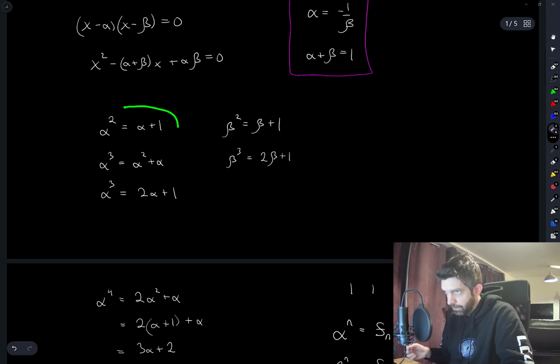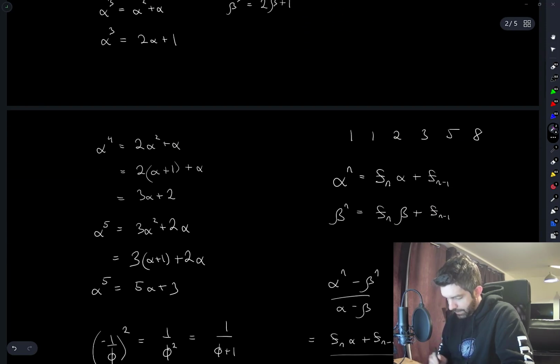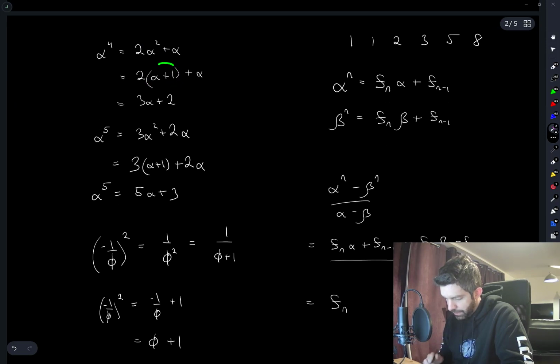That comes from the definition of alpha, that it's the root of this polynomial. And then multiplying this by alpha, I have alpha cubed is equal to this, but I know that alpha squared is that, so I sub things back in appropriately.